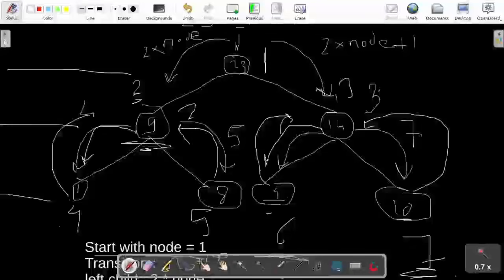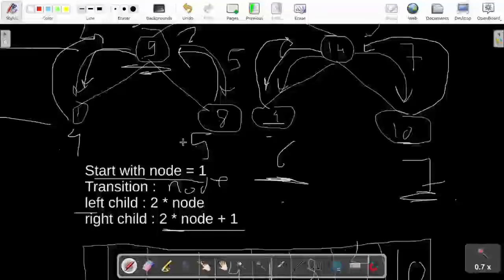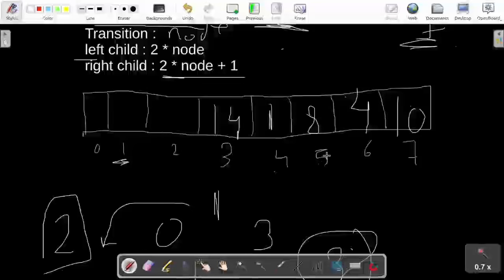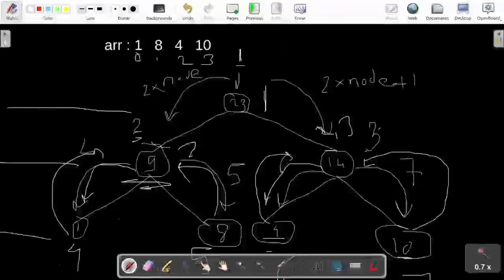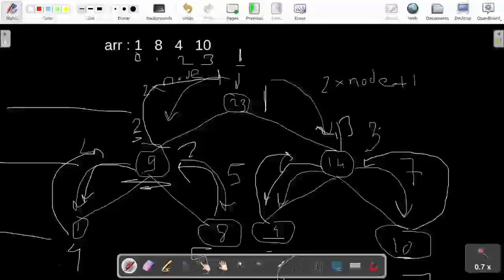Once you store the 1, your recursive call will come back, and since the left and right child have their values calculated, you have to combine them. So the left child is 8, the right child is 1, at the 4th and 5th index. You have to combine the values of the 4th and 5th index, 8 plus 1, 9. You have to store 9 here. Now this recursive call will come back to the root node, and this recursive call will also come back to its root node.